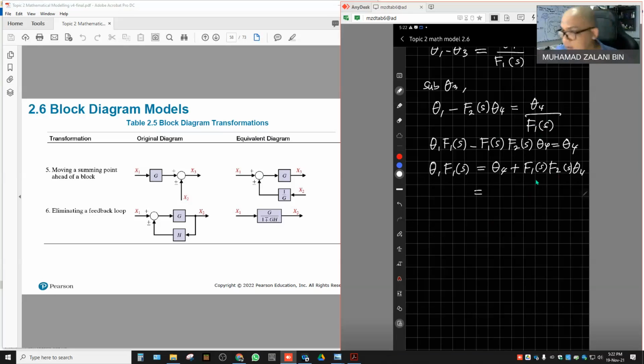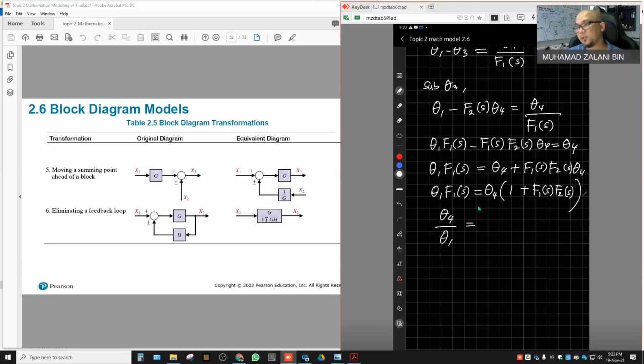We want to get the ratio theta 4 by theta 1, right? So this one I take out theta 4. No, sorry, we made a mistake. 1 plus F1S F2S, in brackets. So this is theta 1 F1S. So then we can take the ratio of theta 4 divided by theta 1.